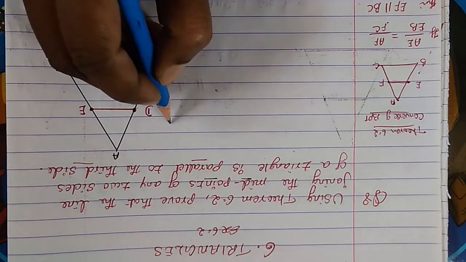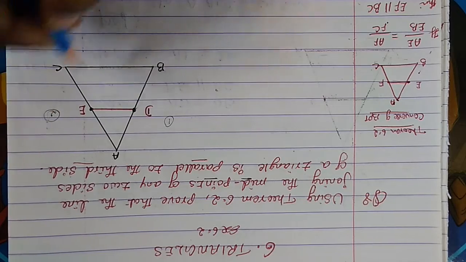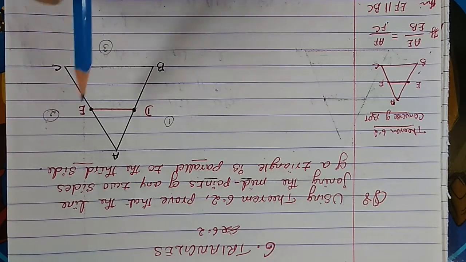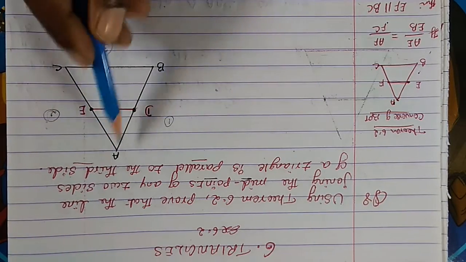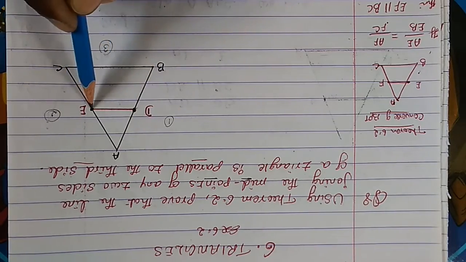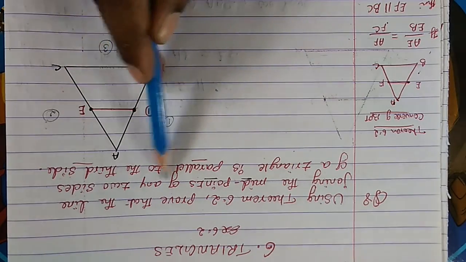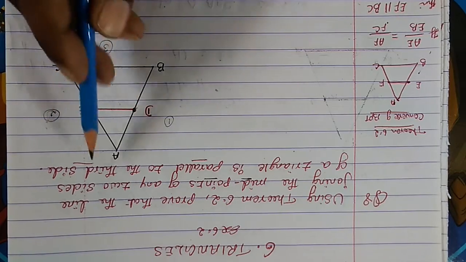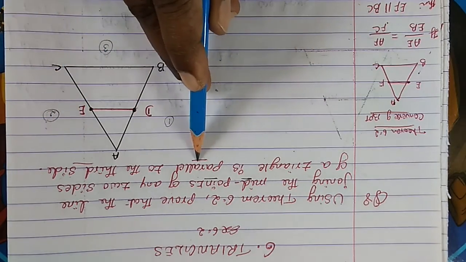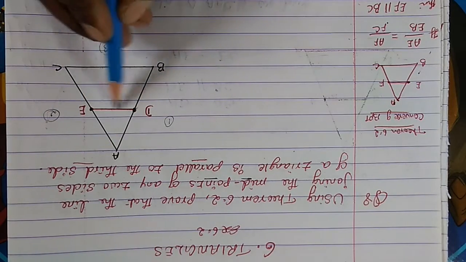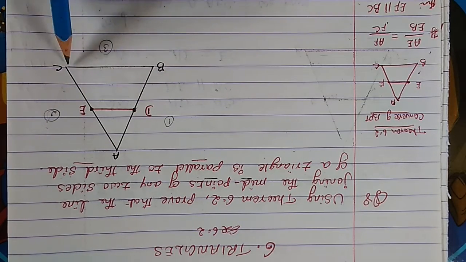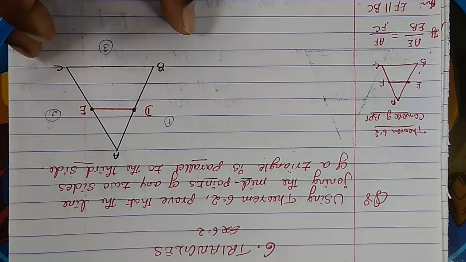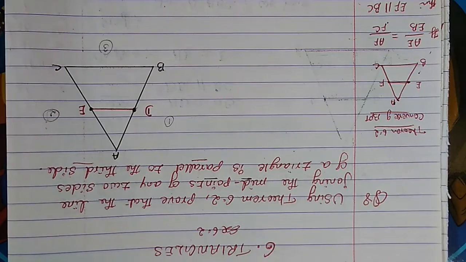This is our first side, second side and third side. So DE is parallel to the third side, that is BC. That's what we have to prove. So let's proceed.